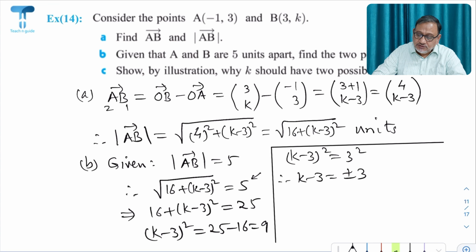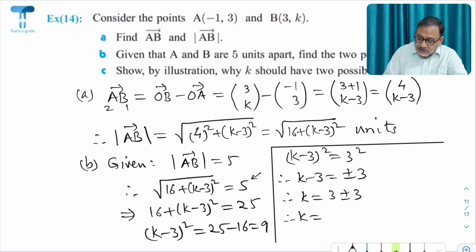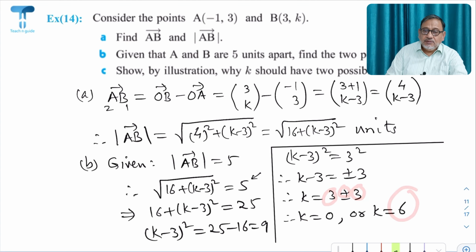You can do it this way, or you can open the bracket square and then factorize, okay? In any way you can do that. So therefore, k is equal to 3 plus minus 3. So k is equal to 3 minus 3 which will be 0, or k is equal to 3 plus 3, 6. Okay, so 0 or 6, these are the two values of k.